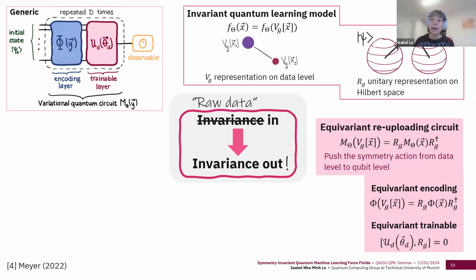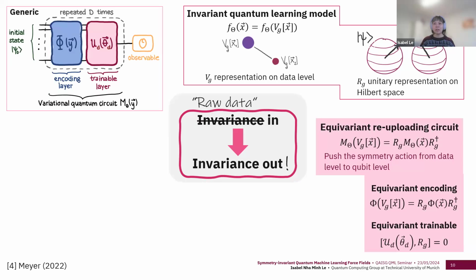For the encoding layer, this means that applying the symmetry transformation on the atomic configuration and then encoding it results in the same encoding layer as encoding the original atomic configuration and then letting the symmetry act on the qubits.